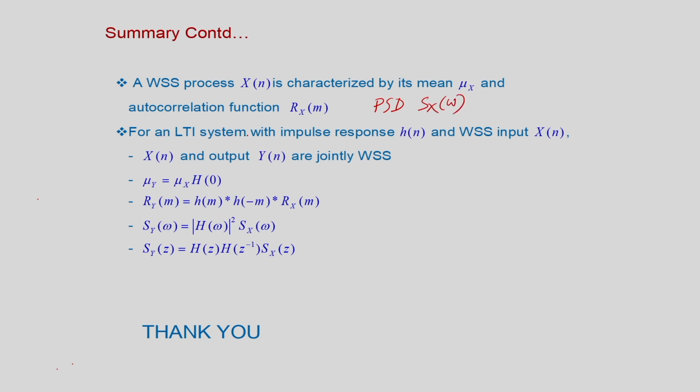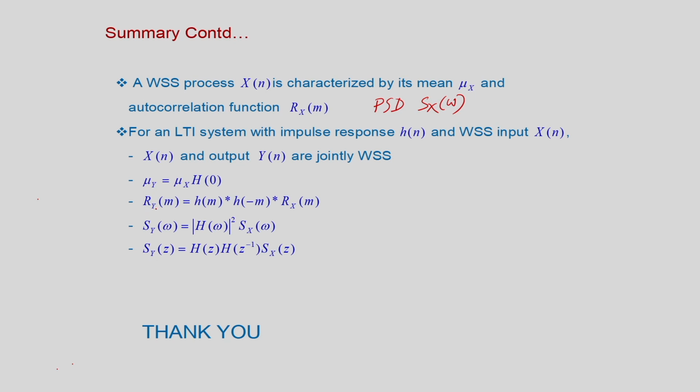For an LTI system with impulse response h[n] and WSS input x[n], the input x[n] and output y[n] are jointly WSS, that we established. Then mu y, the mean of the output process, is equal to the mean of the input process multiplied by H of 0, where H of 0 is the DC gain, or zero frequency gain, of the system.